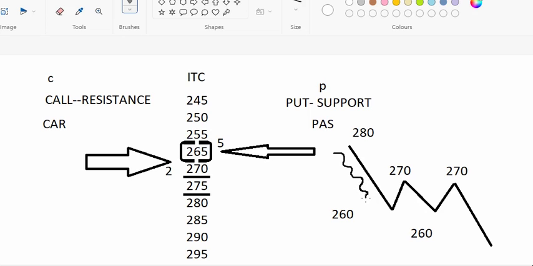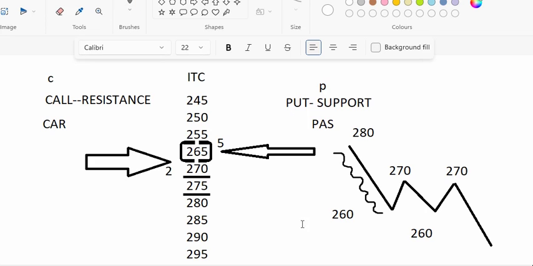So it went down and down all the way to 260. Why did it reverse from here? Might be because the put writers' support was more here than they were expecting. They were trying to push the market down as much as possible, but it got reversed because there was more support from here. It bounced all the way to 270.